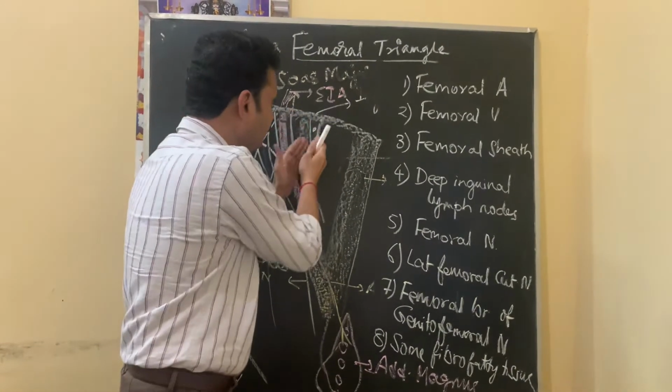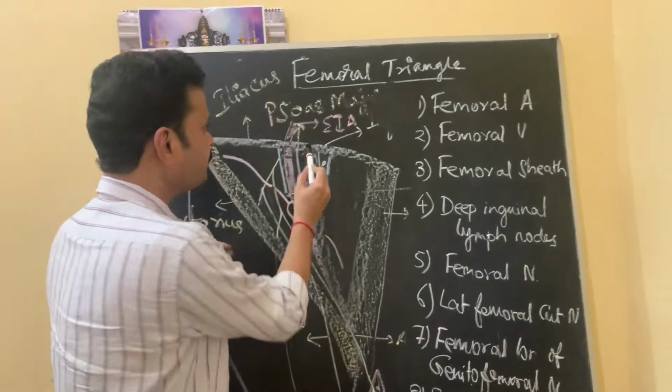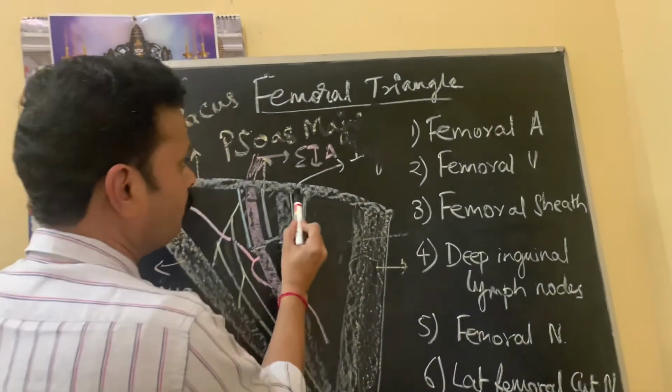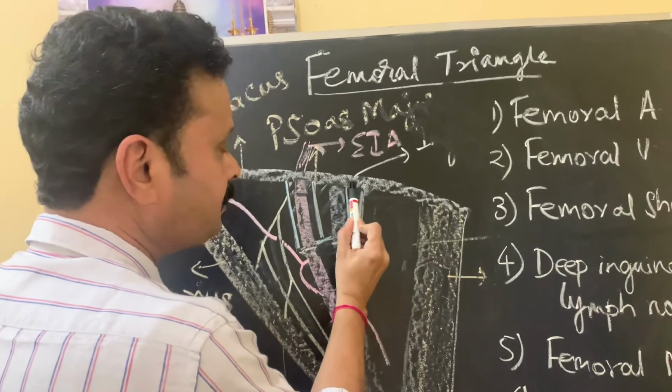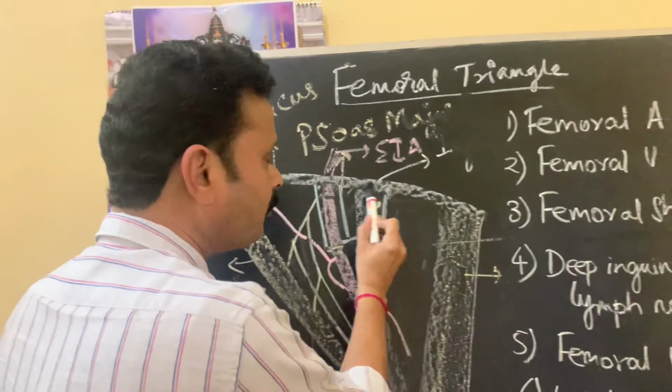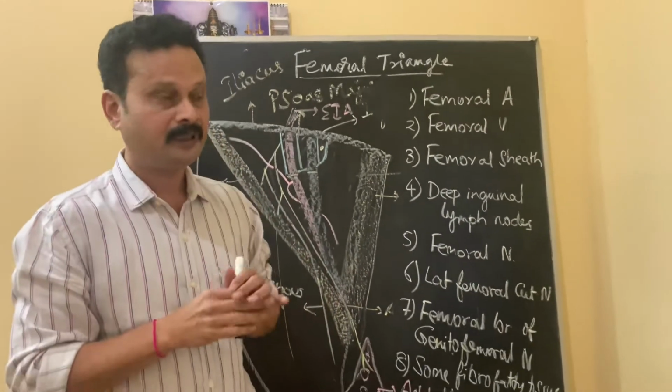This femoral canal, its base is above. The wider part, which is the base, is above, and is formed by a structure called the femoral ring.